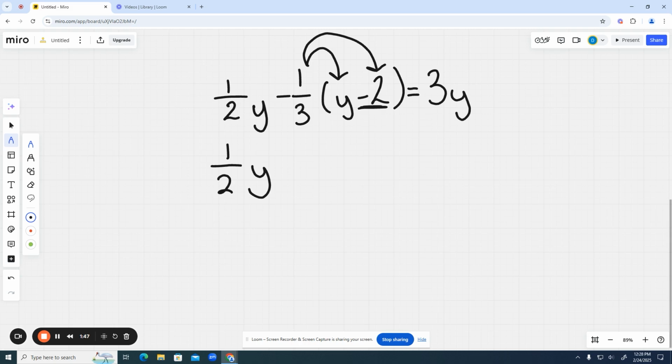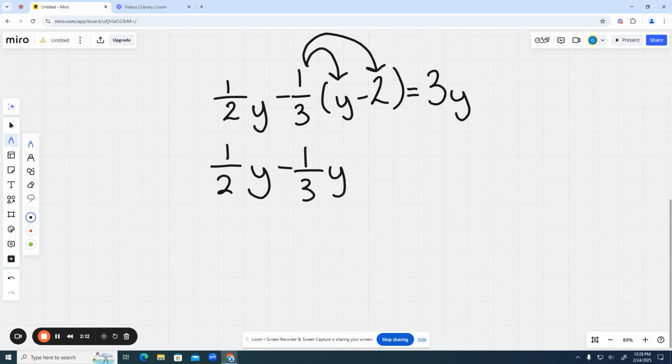So we're first going to start by distributing to the y. And always remember that negative sign, that minus sign in front of that 1/3 carries over. So it is negative 1/3, and we're going to get negative 1/3 y. And then, like I said, the 2 is negative because of that minus sign in front of it.